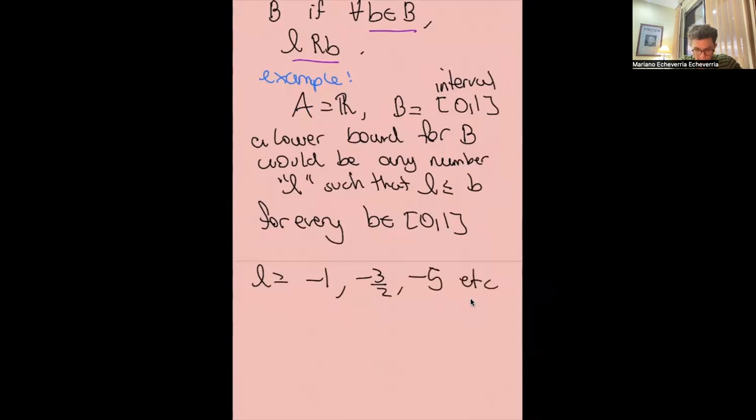In fact, any number less than or equal to 0 is a lower bound. Is that making sense? So a lower bound is just an element that would be smaller than any other element.